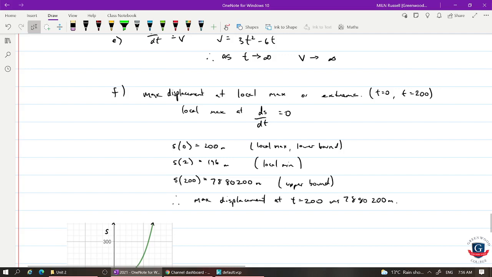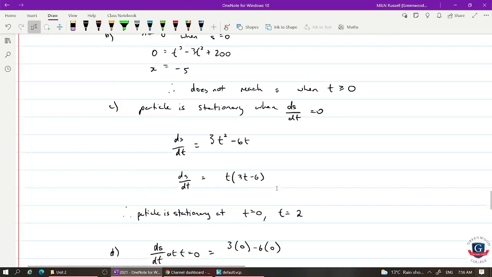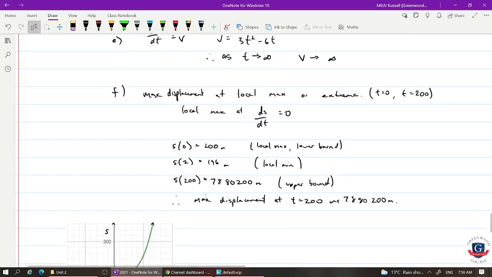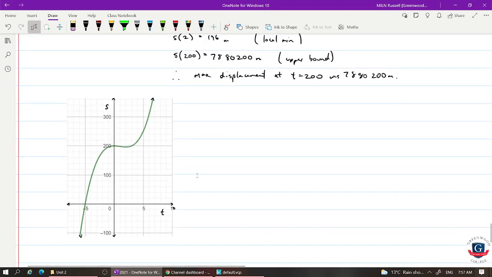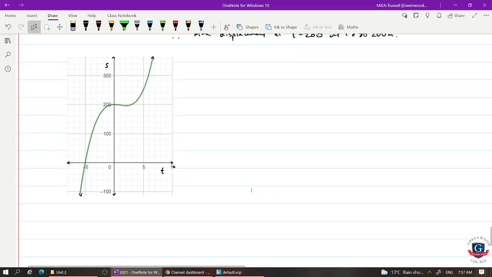And we didn't have to test for this, but we did it anyway. S(200) is the maximum defined by the question, which is 7,880,200 meters, which is definitely the biggest value. So its maximum displacement is at t equals 200, and that's a huge value. And this is kind of what the graph looks like. When it gets to 200, this graph's going to be up here somewhere.